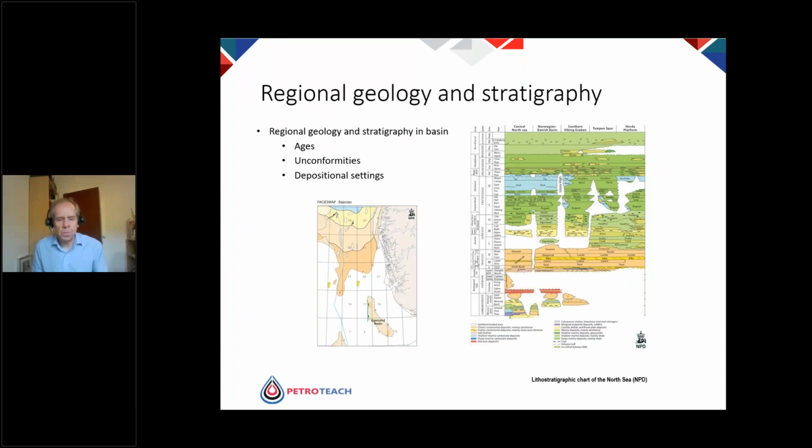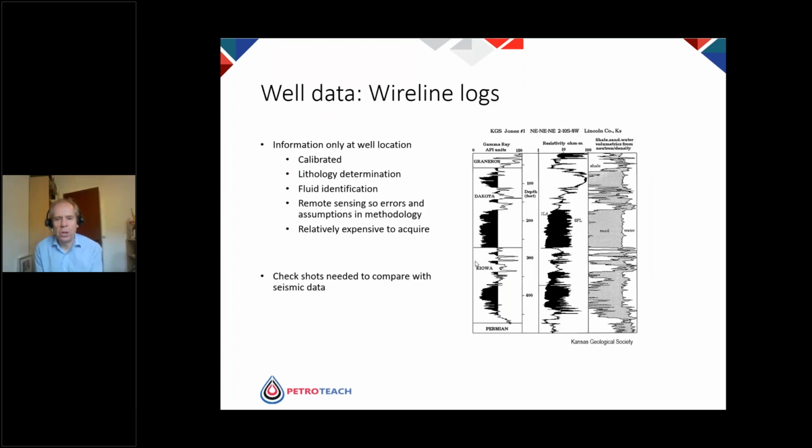The well data, a lot of that's going to be from wireline logs. So we need to have some idea of how they work. We'll talk about this a little bit later, but they need to be calibrated, because my well logs are in depth in the well, my seismic's in time in general, and so we need to be able to correlate them.